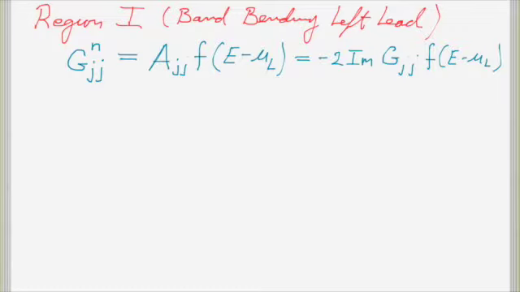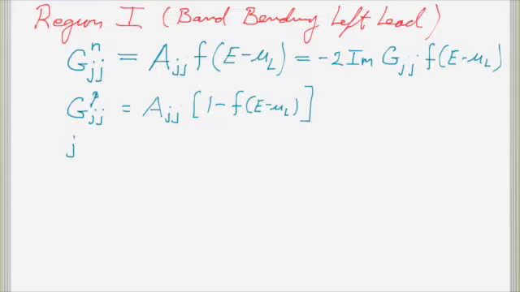And similarly, if you want the hole density, it's the same deal, which is -2 imaginary G times 1 minus f. And so this, in our numbering system, was for sites J equal to -2, -1, and 0.